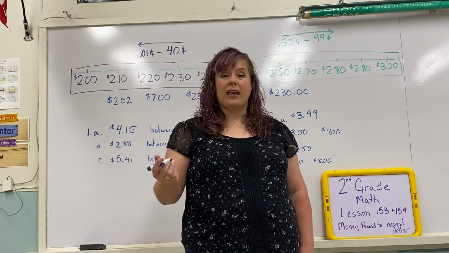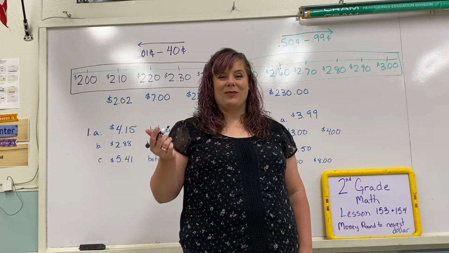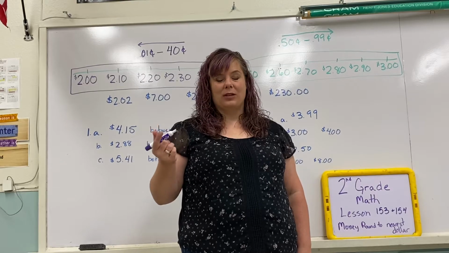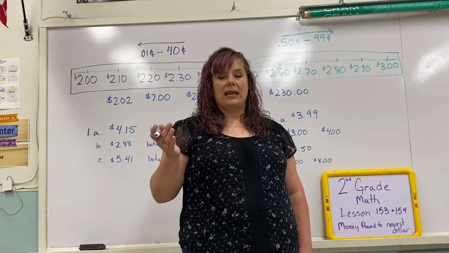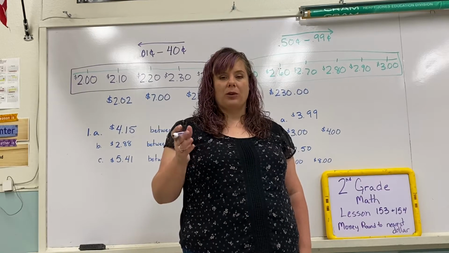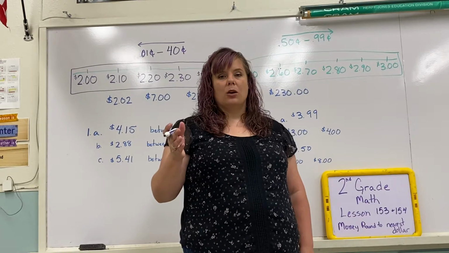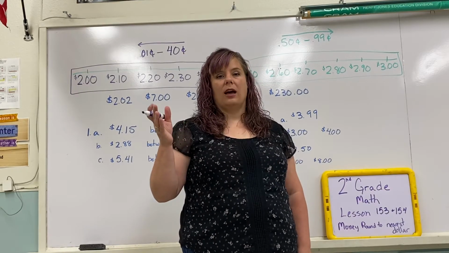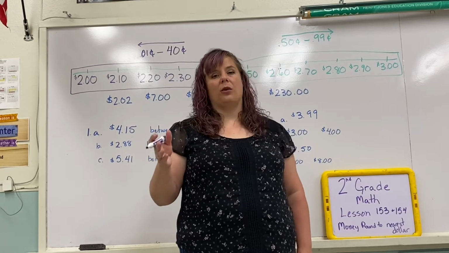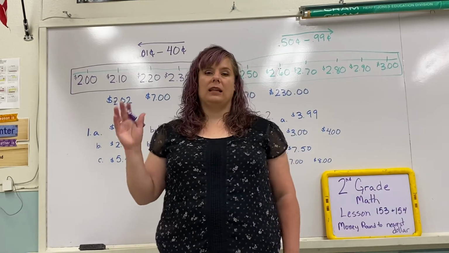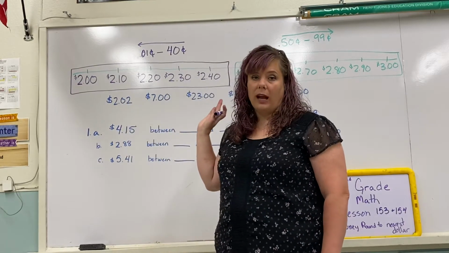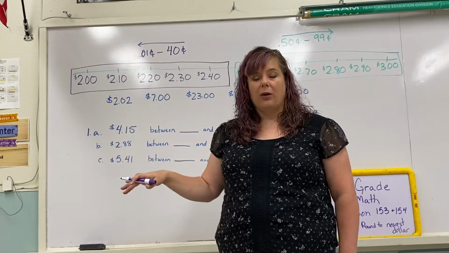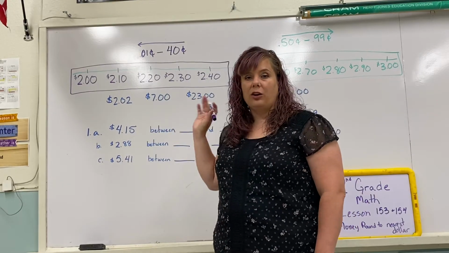So we've been talking about rounding before, and we've been talking about how rounding means making the end a 0. When we talked about rounding to the nearest 10, we looked at whether we should go up or down. And remember, we decided that anything that was 4 and lower, you go down, and anything that's 5 and higher, you go up.